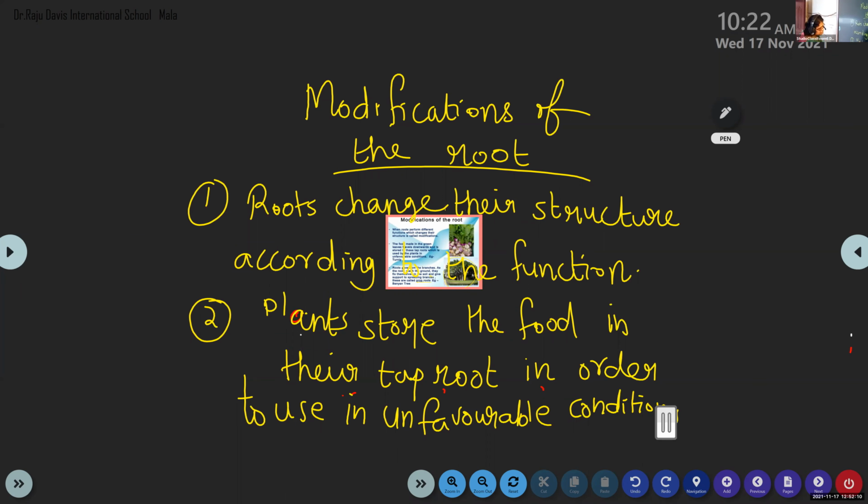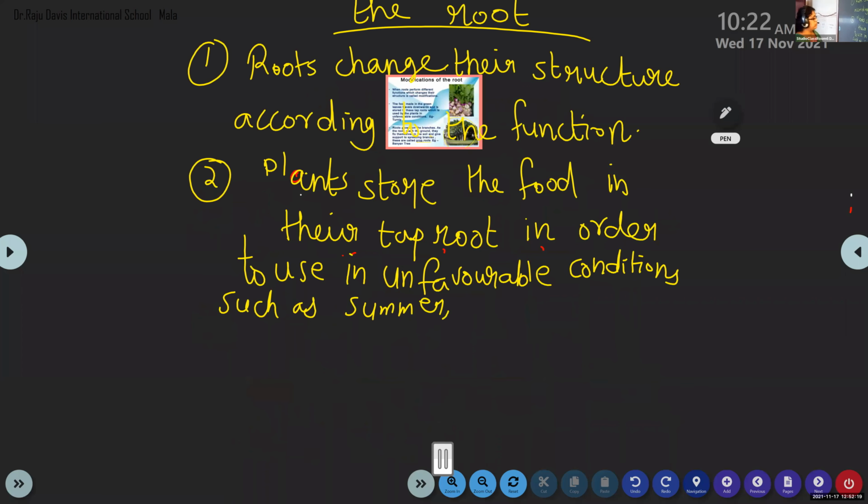Which are the unfavorable conditions you can write, such as summer. Summer, you know, it starts, no rain. Winter, monsoon. Monsoon means it's a continuous rain. Okay, monsoon, season, etc.